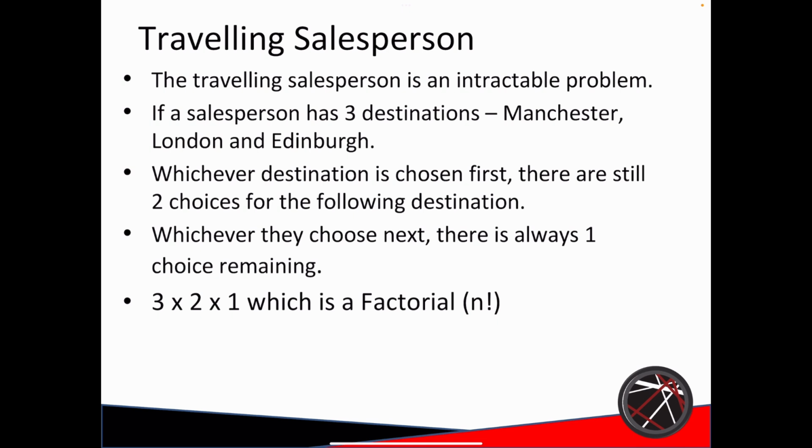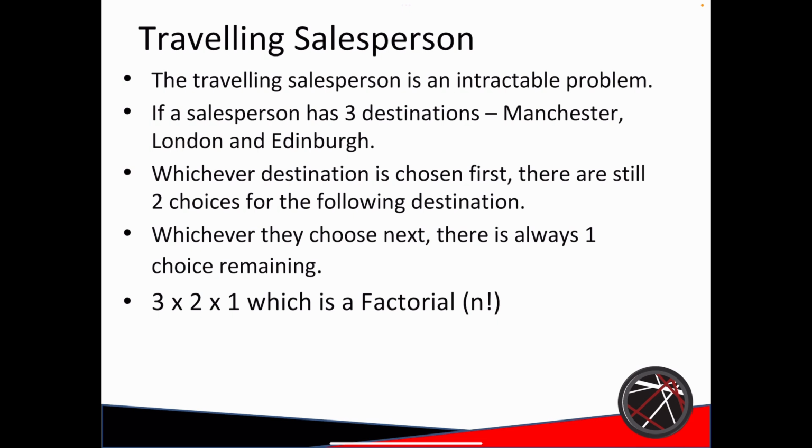So there are 3 options to start off with. Once you've chosen, for example, Manchester first, they've got 2 other options to go to, London or Edinburgh. So then you've got a choice of 2. Once you've chosen again, so you choose London next, you then still have a remaining choice to make, which is Edinburgh. So we've got this factorial happening of 3 times 2 times 1 in the decision process and the options that you can take.